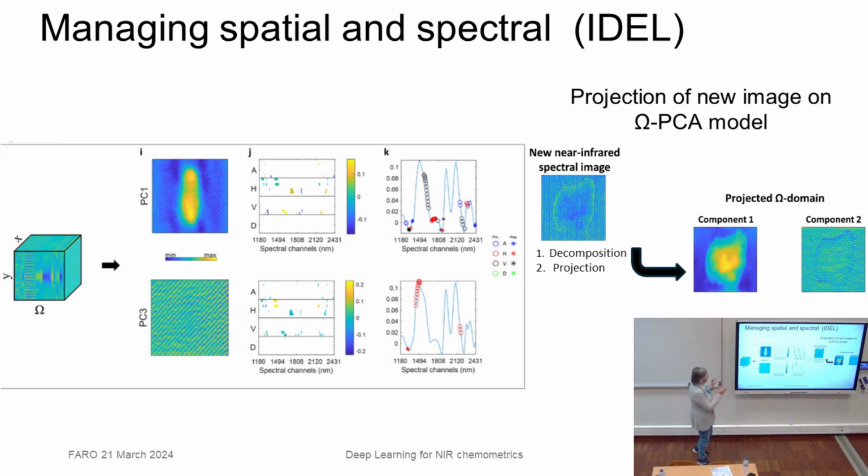And if the new images are not so different from the original one, we can just do projection of the new image in this very last PCA space. So we only need the filtering step and then the projection. So it's much faster than building the model. And we can recover the pattern in the new image. So this was something that we did with standard chemometric tools.